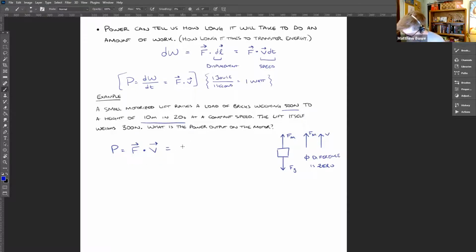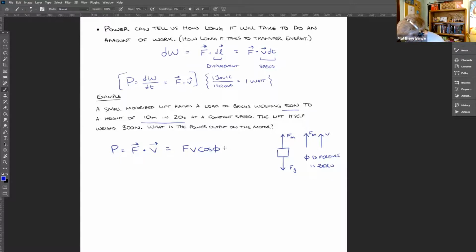I could say that's just the magnitude of each. So force without the vector sign times velocity times cosine of phi. That's where you might see this will come in handy.